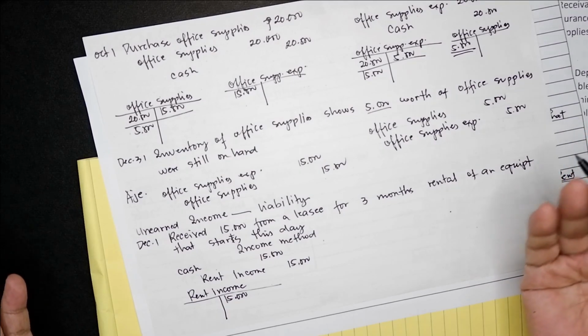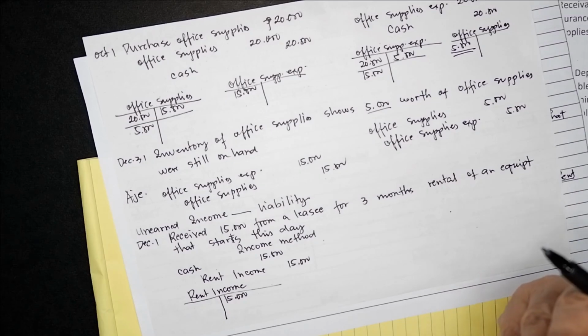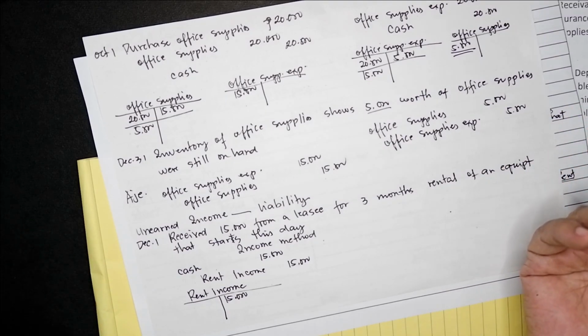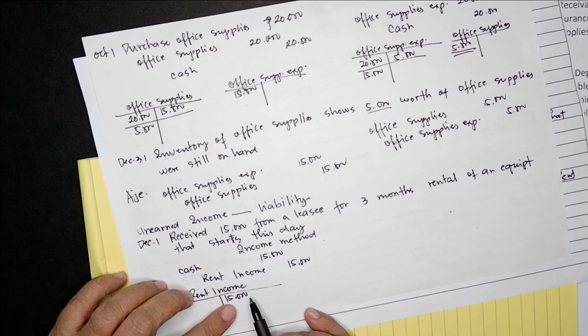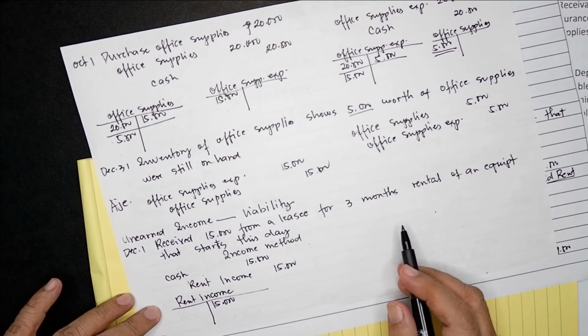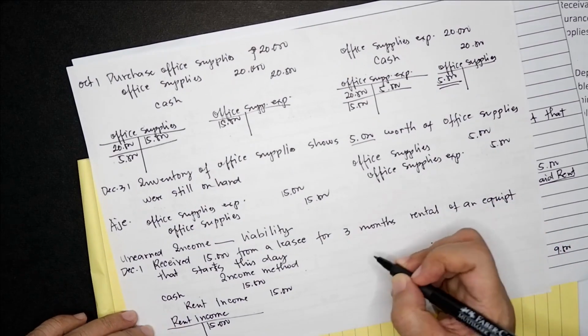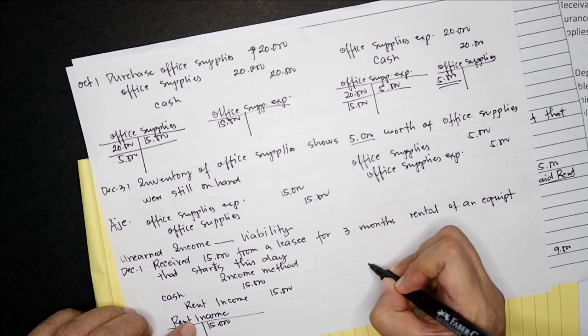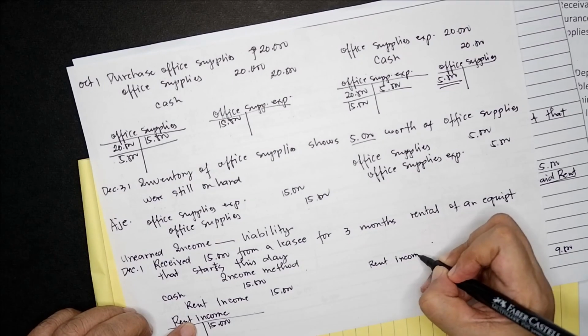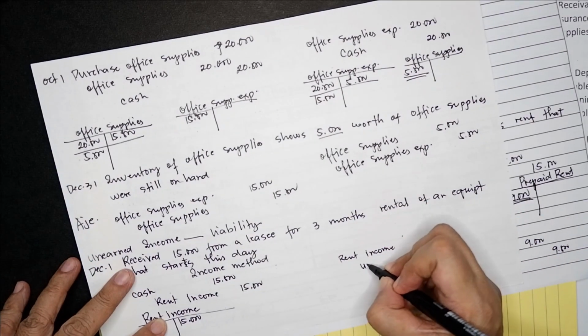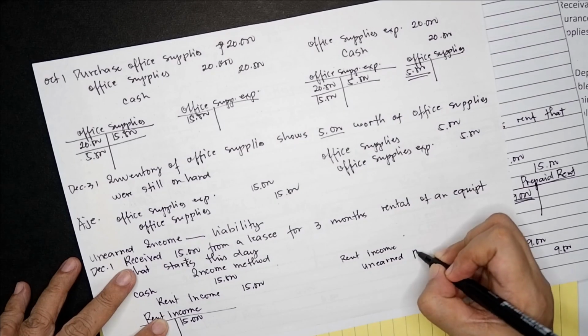How many months were already served? There is only 1 month. It means that rent income is overstated. So we have to prepare an adjusting entry, and that is debit rent income and credit unearned rent income.